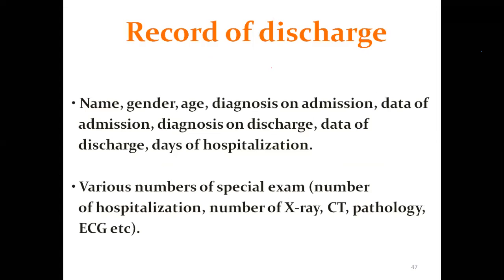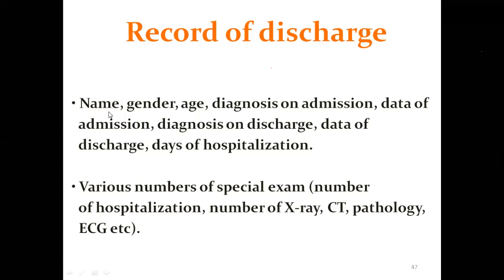Simple. Record of discharge. This you will be doing a lot. As a medical student, you will be doing the house job. This will be your primary duty, that you should be writing the record of discharge. Very, very important. What you have to write in this?